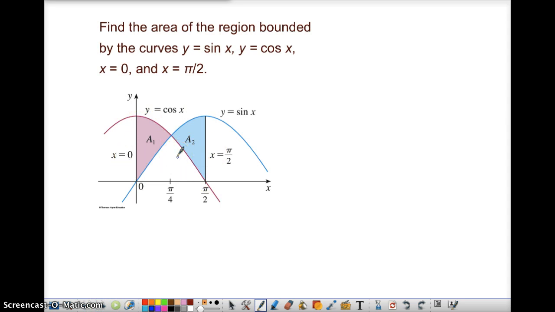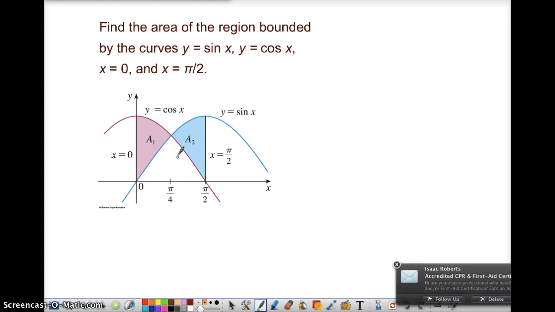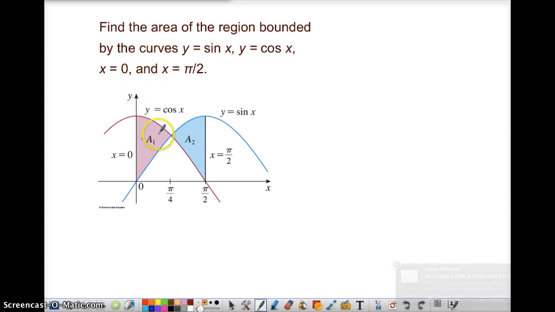So for the first part, for A sub 1, we need to take the antiderivative between 0 and pi over 4 of top minus bottom, which is going to be cosine minus sine dx.